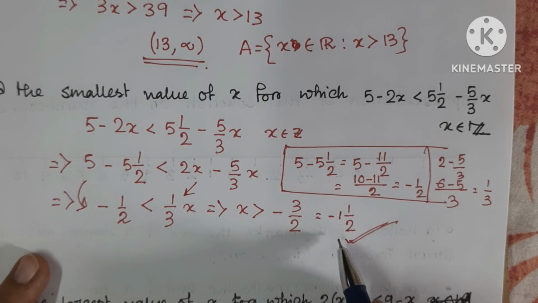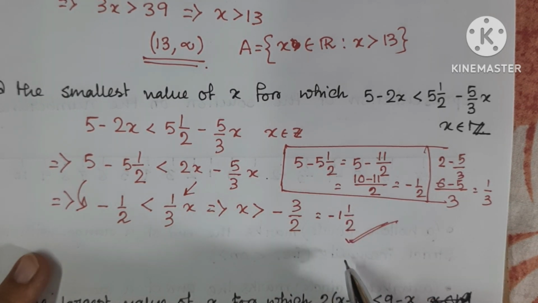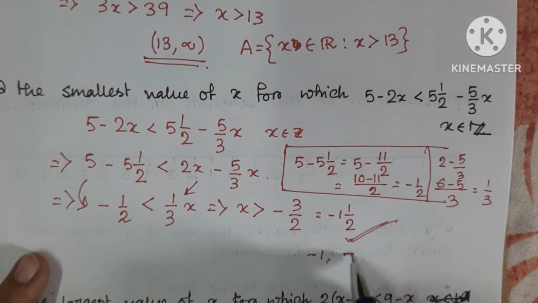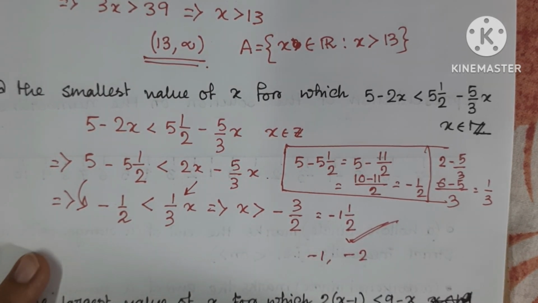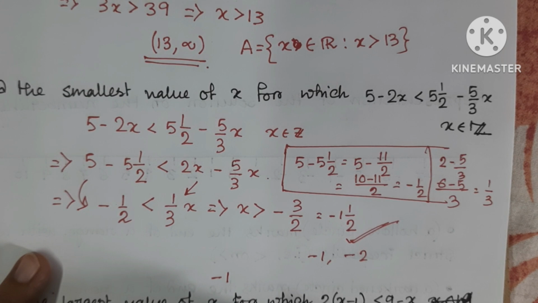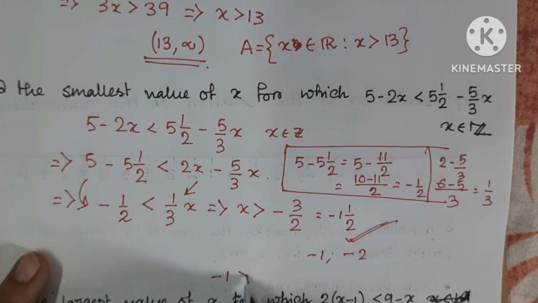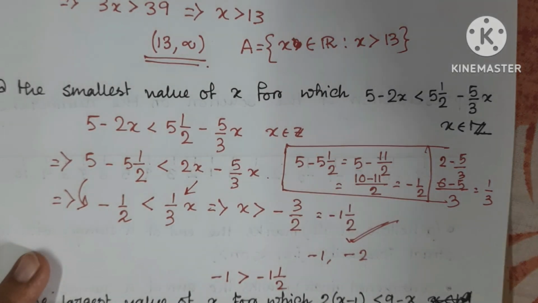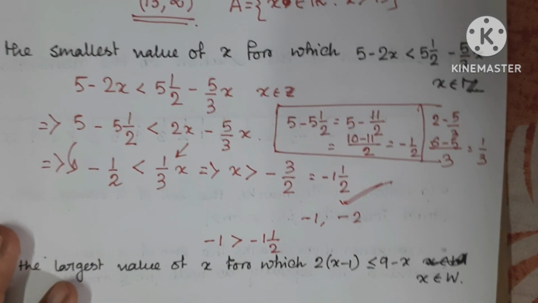Here there are two integers near this real number, that is minus 1 and minus 2. So what will be the value? See, minus 1 is greater than minus 1 and 1 by 2, right? Is it clear or not?